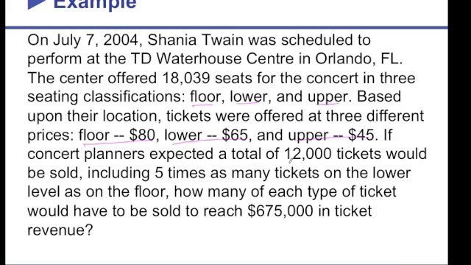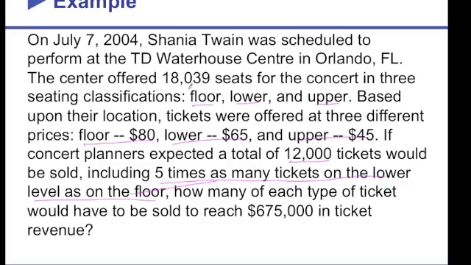If the concert planners expected a total of 12,000 tickets would be sold, including 5 times as many tickets on the lower level as on the floor, how many of each type of ticket would be sold to reach this $675,000 in ticket revenue?